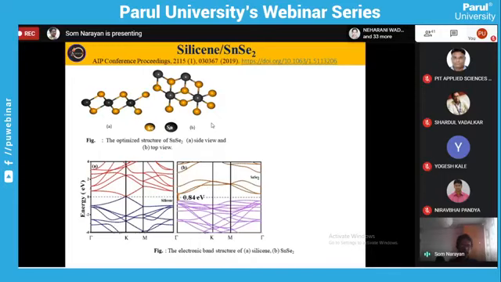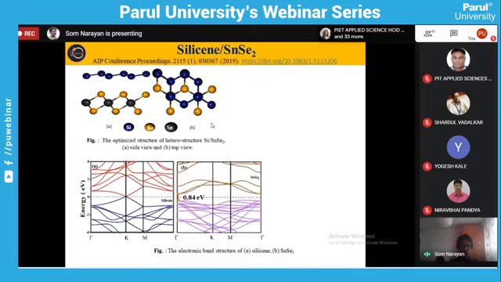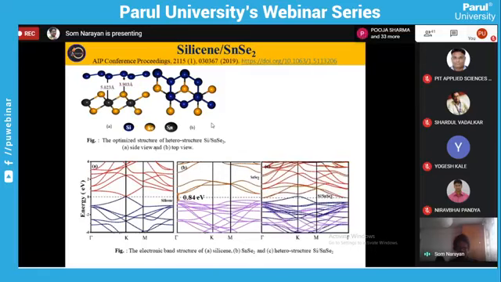So we were thinking of getting the semiconductor nature, but unfortunately the interaction between silicene and SnSe2 is much higher, and due to the interactions it shows a metallic nature.